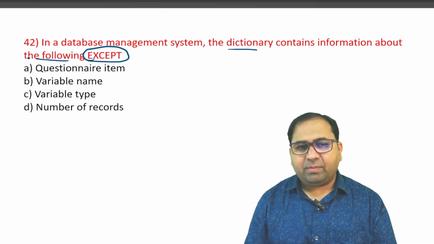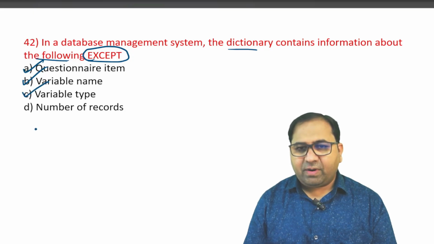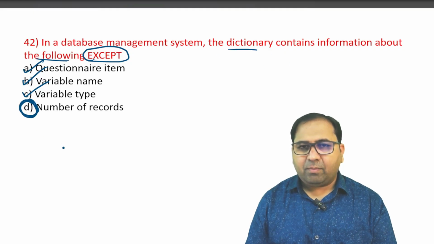It will contain information regarding the questionnaire item. Yes, this is correct. Variable name. Yes, this is correct. When the variable name is given, you should also know the variable type, so even this is correct. Number of records. No, this is not correct. So the dictionary will not contain the number of records.